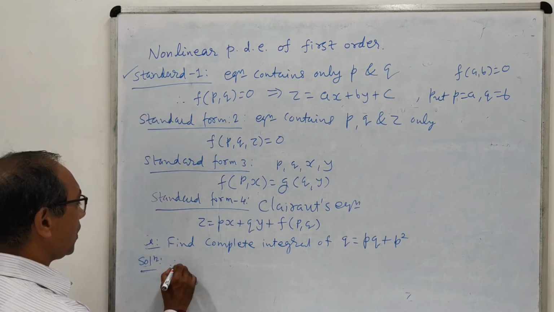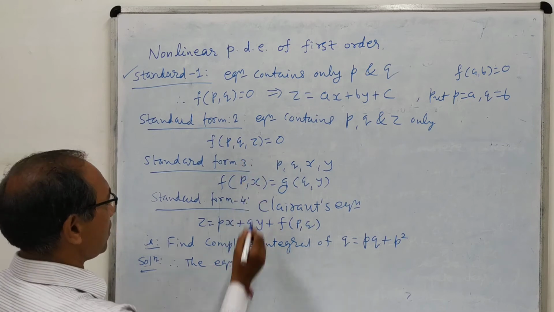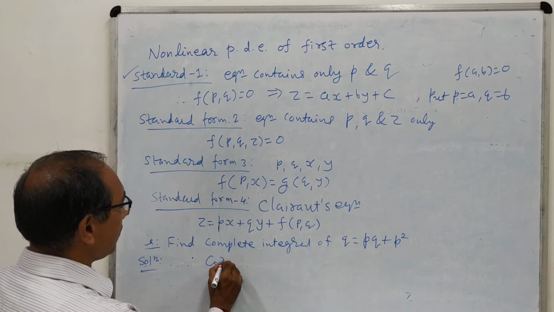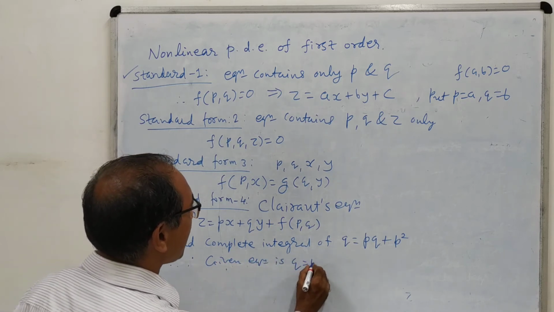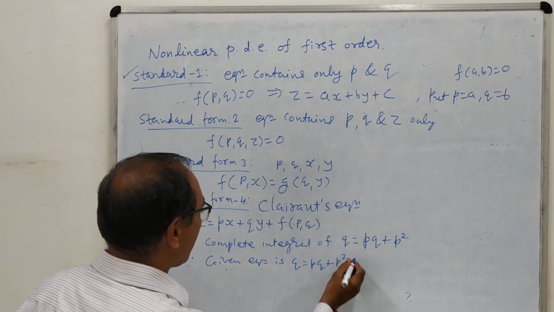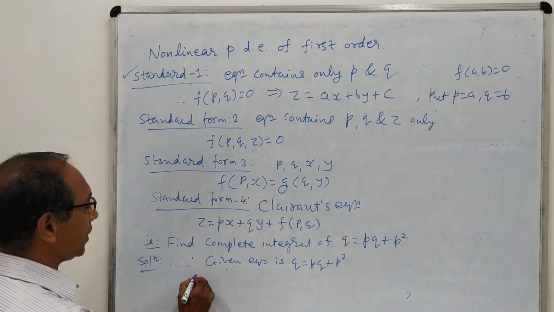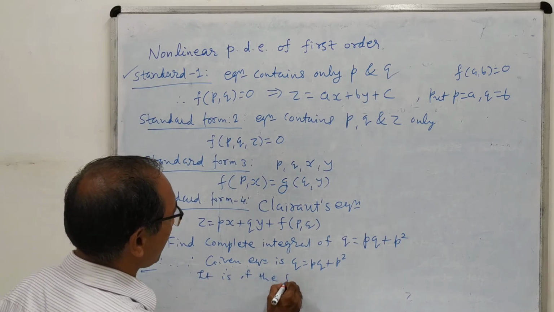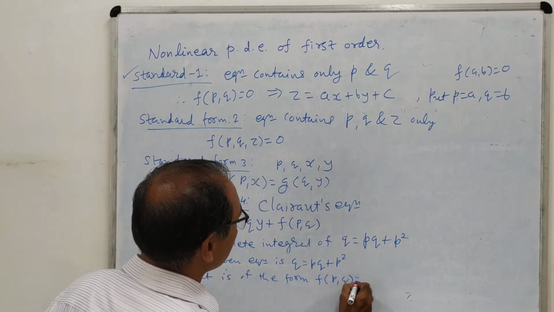So therefore we shall start with the equation. First you should write down the given equation, so you will get 1 mark directly if you write 1 or 2 steps. Therefore it is of the form f of p, q equal to 0.